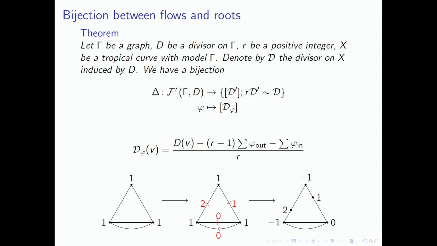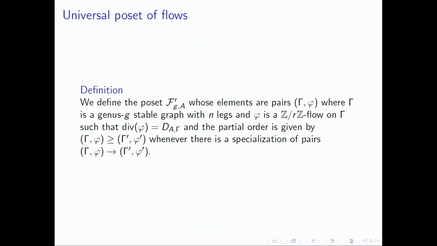And now I want to cast everything together on a universal moduli space. And this is done by means of a poset. So I can consider the poset of all stable graphs with n legs of genus g, and a flow whose divisor is the universal divisor. And this is a poset because we can order these pairs.